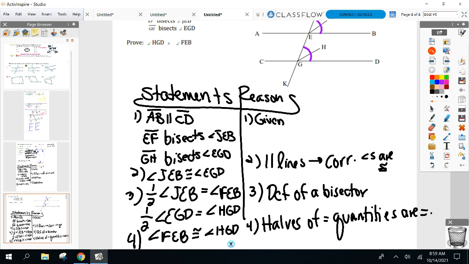So the only difference now between this one and unit 2 is in unit 2, I usually just gave you that right off the bat, that those are equal, what you're going to take half of. Now you got to tell me why they're equal.